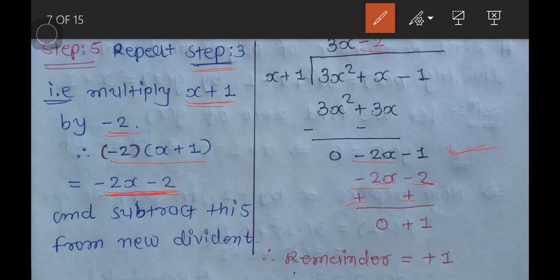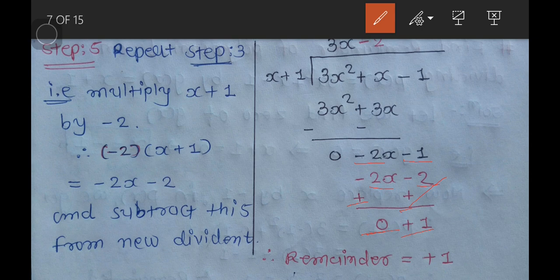Now minus 2x has a plus sign, and 2 has a plus sign. So minus 2x, and we subtract plus 2x, which is equal to 0. And here minus 1 and plus 2, that is plus 1.